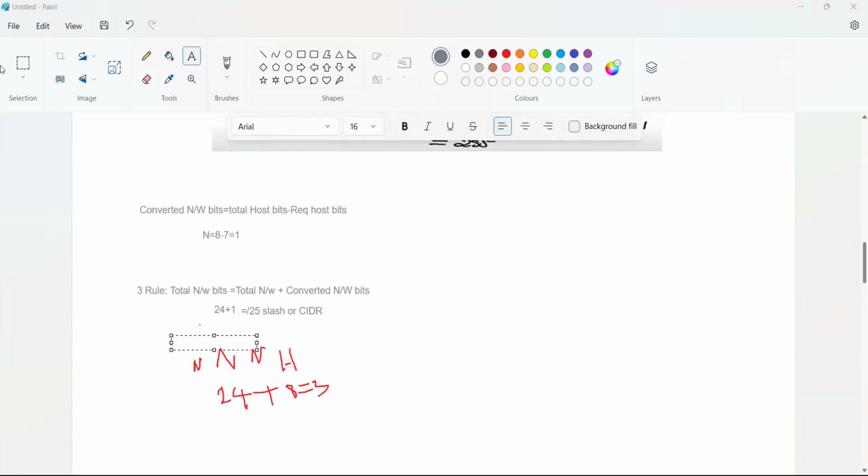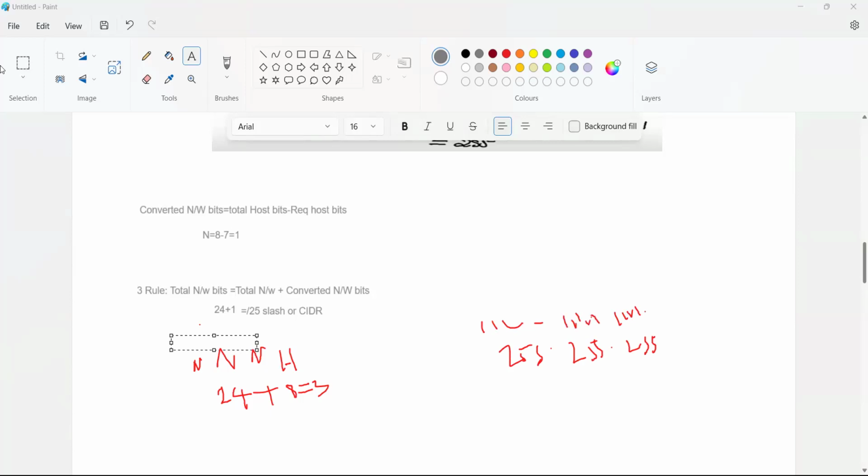But coming to here, 255 in binary, this one 255 and 255, but here 8 bits are there, here also 8 bits are there.